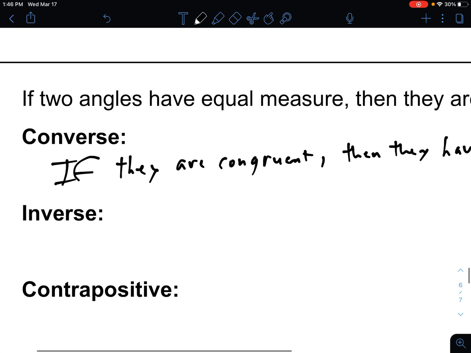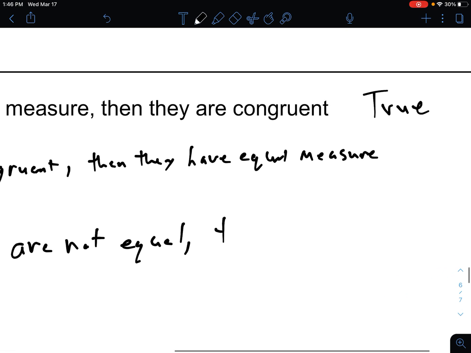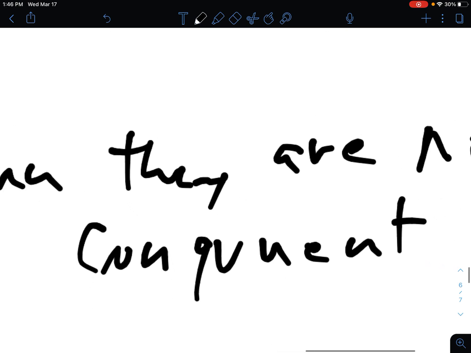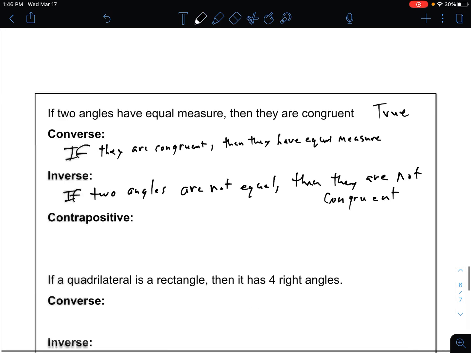Inverse: if two angles are not equal or do not have equal measure, then they are not congruent. Well, that's true. In order to be congruent, they have to have the same measure, right? And now my handwriting is getting sloppy because I'm trying to go as fast through this as I possibly can. All right?